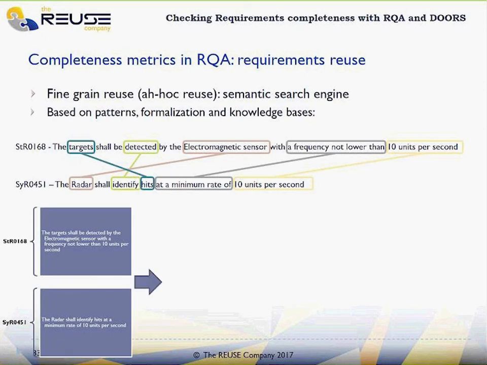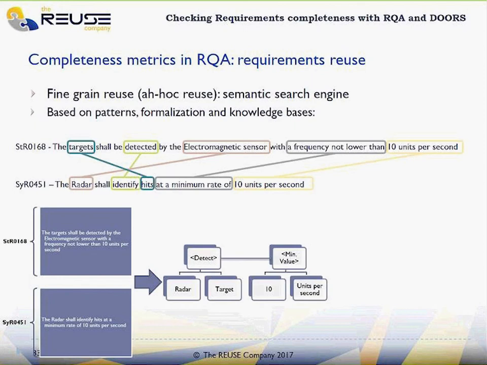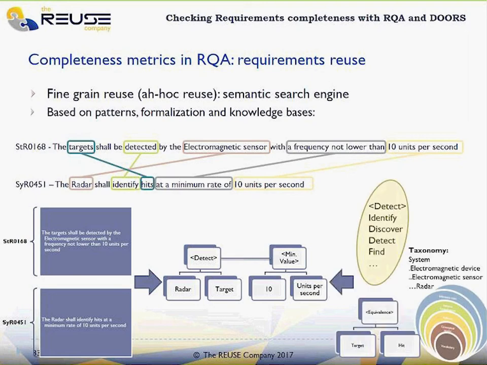with our tools we can very easily create a knowledge representation in terms of a semantic graph of these requirements. And with the help of information in our knowledge bases, let's say information in the form of taxonomy, saying something like the system has a child which is an electromagnetic device, and this has another child called electromagnetic sensor, and radar, and so on, or clustering different actions by their meaning.